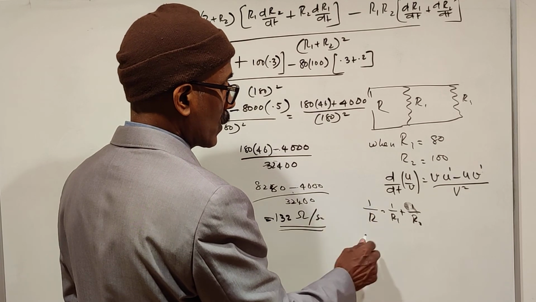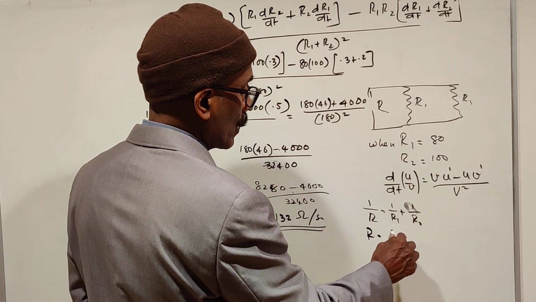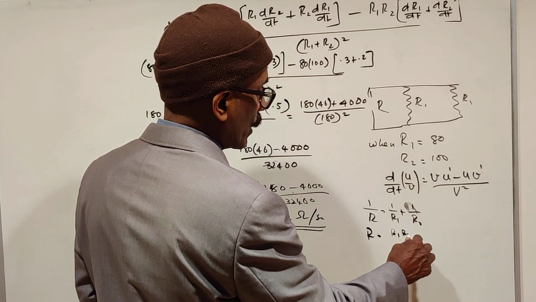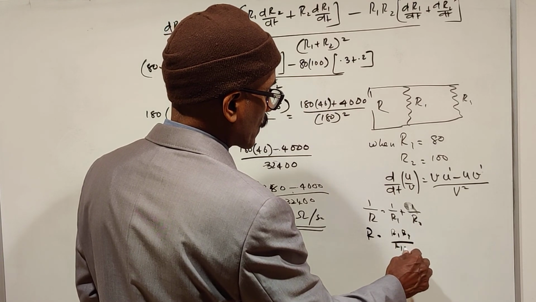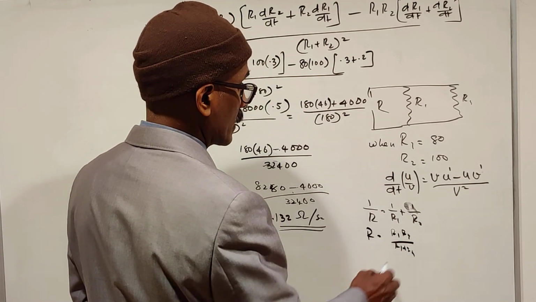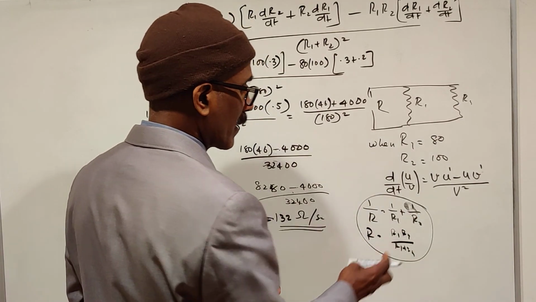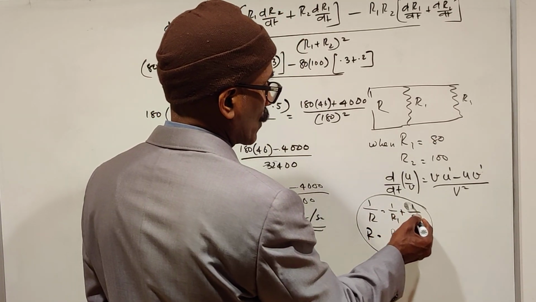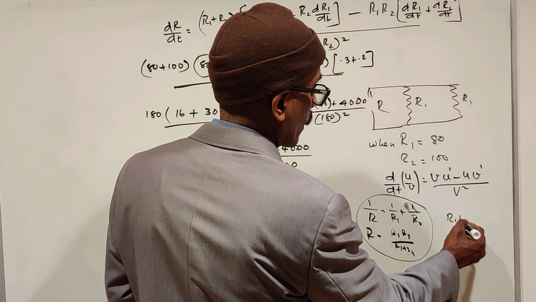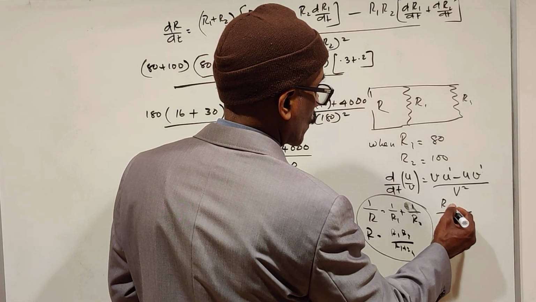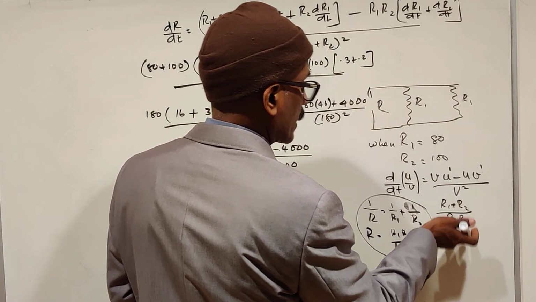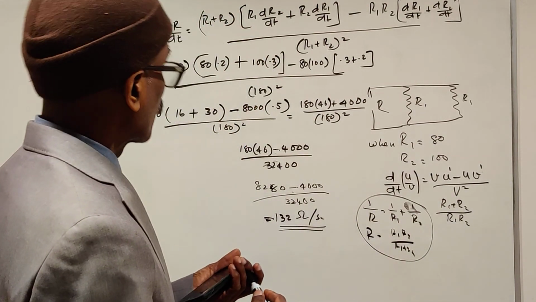So you need to find R. R is equal to R1 R2 divided by R1 plus R2. That is a little algebra, very simple. Take the LCM of R1 and R2, then R1 plus R2 on the top, then take the reciprocal. That's it.